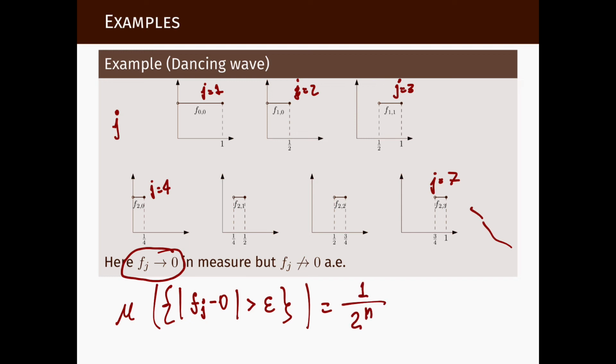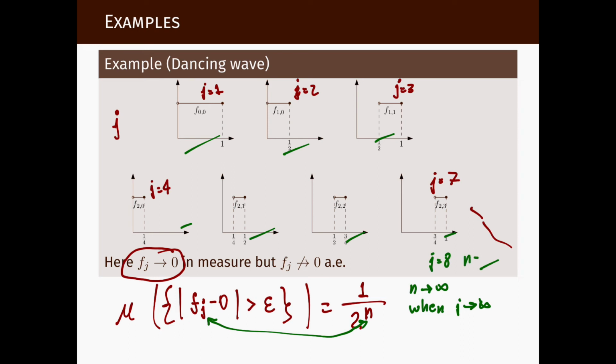And how are n and j related? Well, they're related in this somewhat complicated way, but what matters is that n tends to infinity when j tends to infinity. Because here we have j equal 1, 2, 3, 4, 5, 6, 7, and then when j equals 8, already we have n equals 3, and so on.